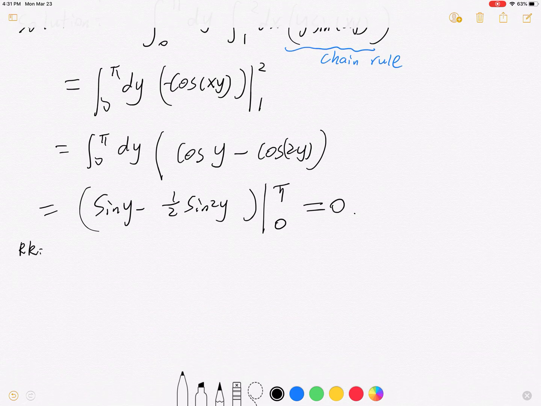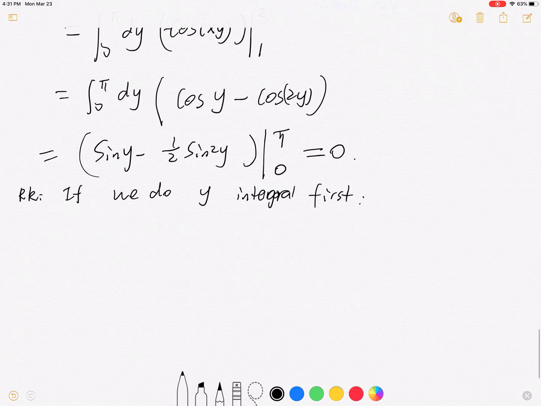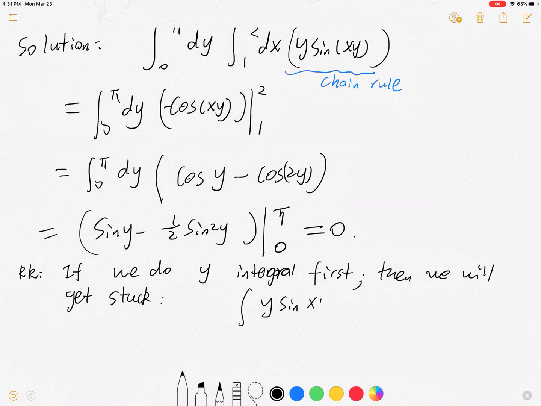And the remark: if we do the y integral first, then we will get stuck because you don't know how to integrate this.